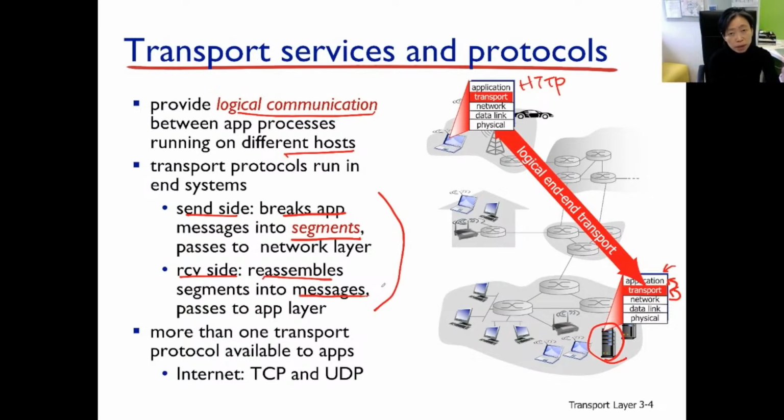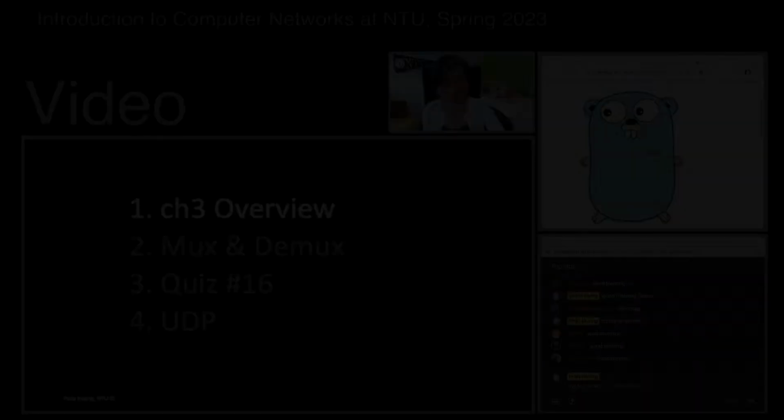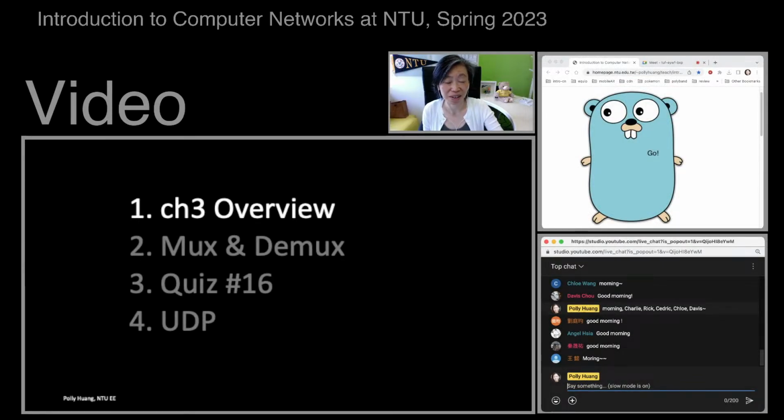Take messages from the application, break them into segments, reassemble segments into a message, and pass it back up to the application layer receiver. Now, that breaking of the segments, passing of the segments, and reassembling of the segments are implemented in two different flavors, TCP versus UDP. One is reliable, the other is not. So those are the major functionalities of the transport layer: multiplexing, demultiplexing, reliable data transfer.